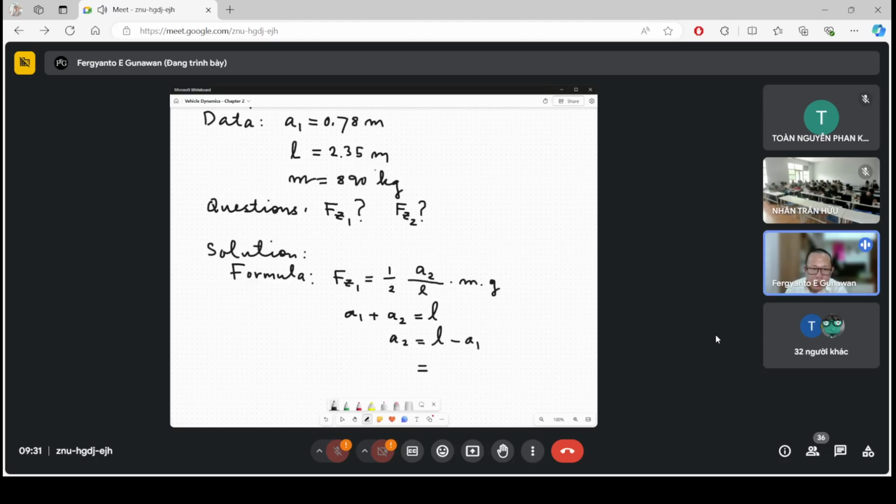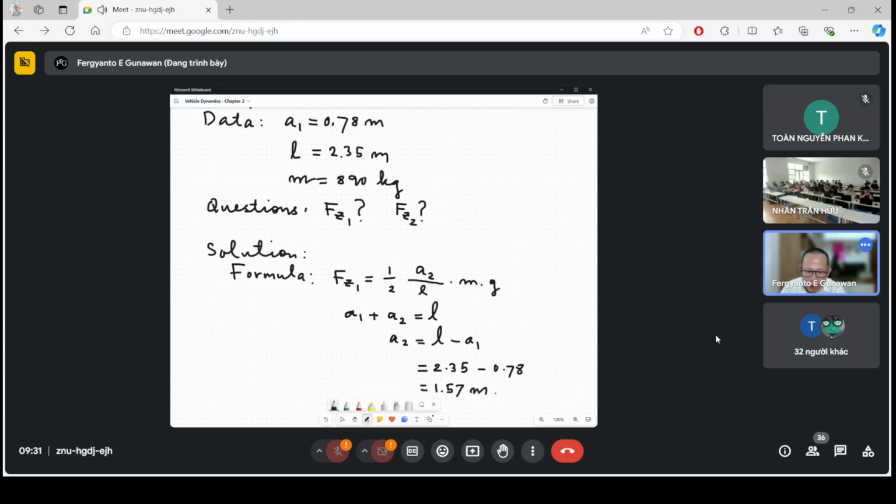In this particular case, L is 2.35, minus A1, which is 0.78. I'm going to use a calculator here. 2.35 minus 0.78 is 1.57 meter.